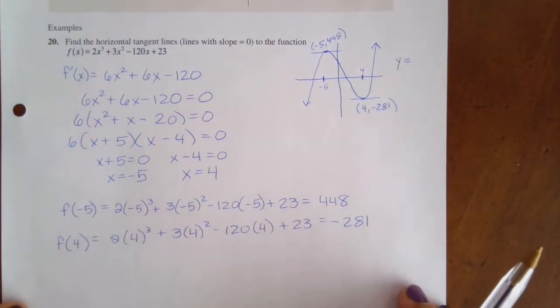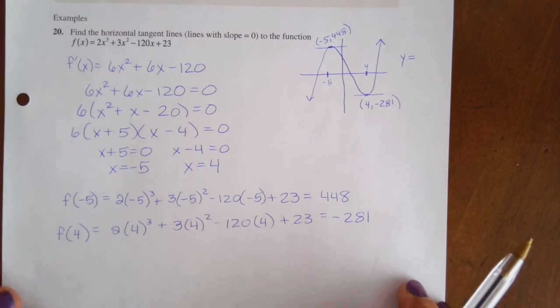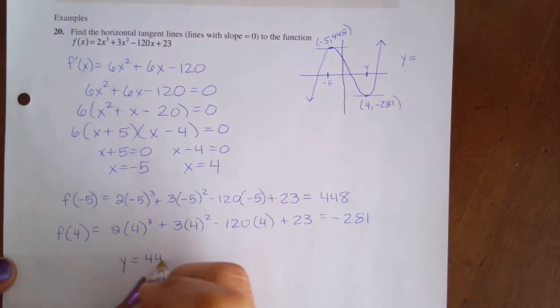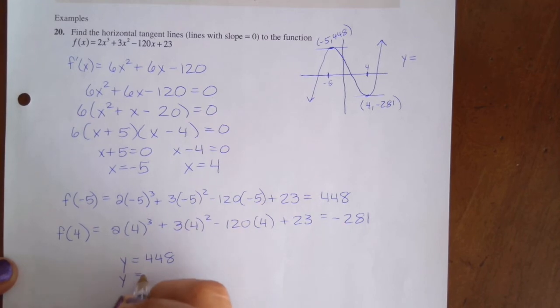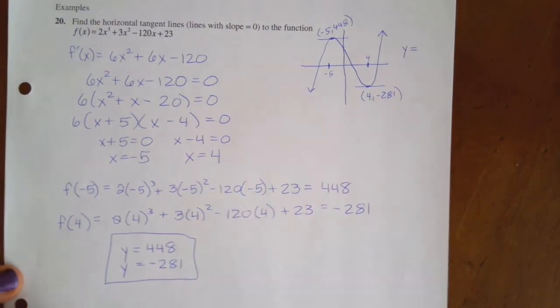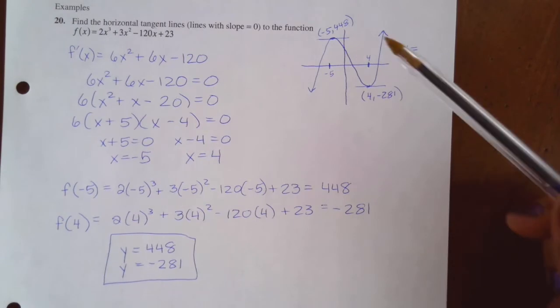So finally, I can answer the question, what are the horizontal tangent lines? The horizontal tangent lines would be y equals 448 and y equals negative 281. Those are equations of horizontal lines. So again, if you look at this and you say, why can't I just graph it and find the max and mins?